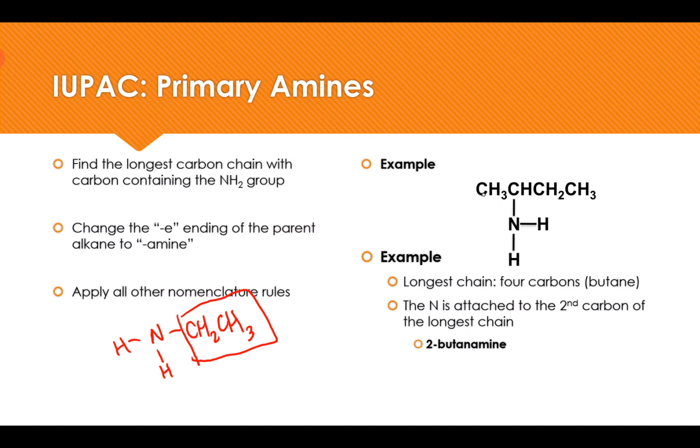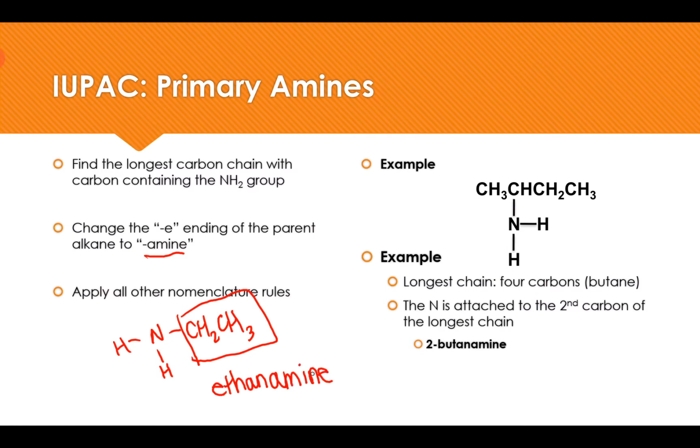So for instance, this molecule has a 2 carbon chain, and so that is ethane. The suffix for an amine is amine. So we erase the E. Make sure you keep the AN there because that's a syllable that we have to keep. That means single bonds. And we change the suffix to amine.